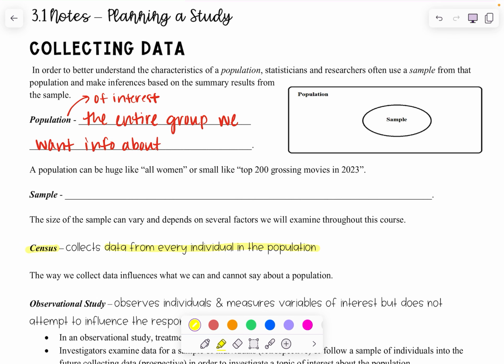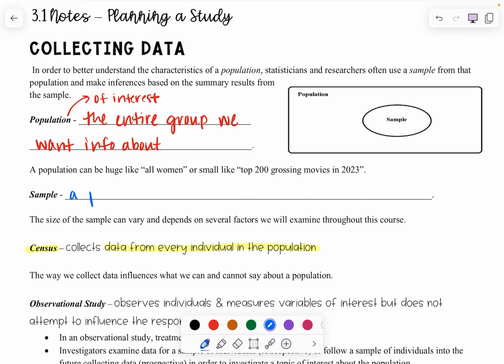Now, we've talked about how taking a census isn't always going to be your best option because a lot of the time you're not going to get information from every single person. So instead, we go in and we take a sample.